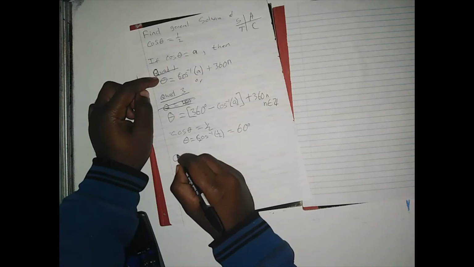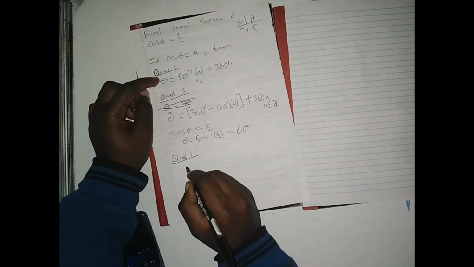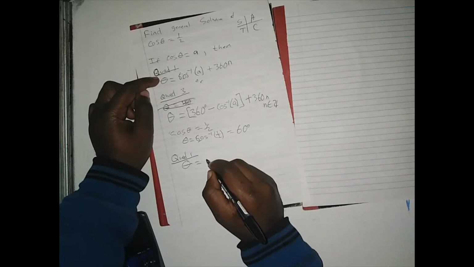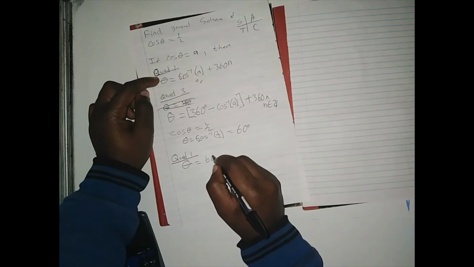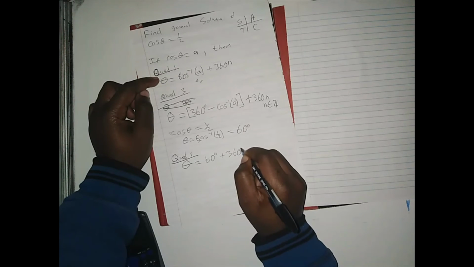Okay, so now we said we have solutions in quadrant 1. So the general solution in quad 1 is nothing other than theta, which is equal to 60 degrees plus 360 degrees n.